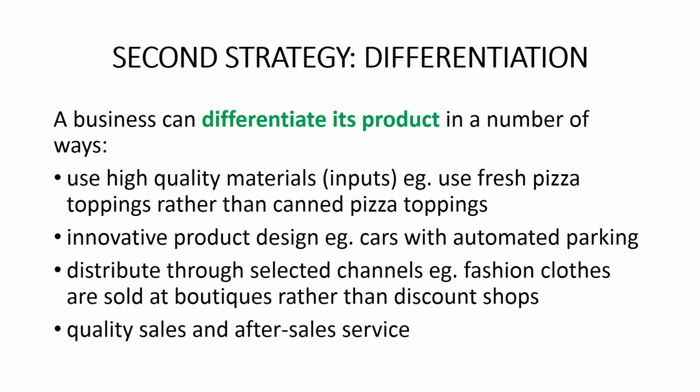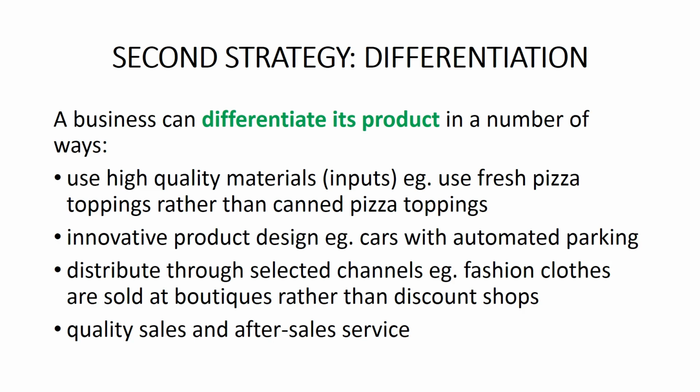A second way in which a business can differentiate its product from the product of its competitors is through innovative product design. So, for example, there are now on the market cars with automated parking. That is, the driver just has to press a button when they're near a car park, and the automated steering and guiding systems of the car take over, and without the driver doing anything, the steering wheel is turned and the car is parked.